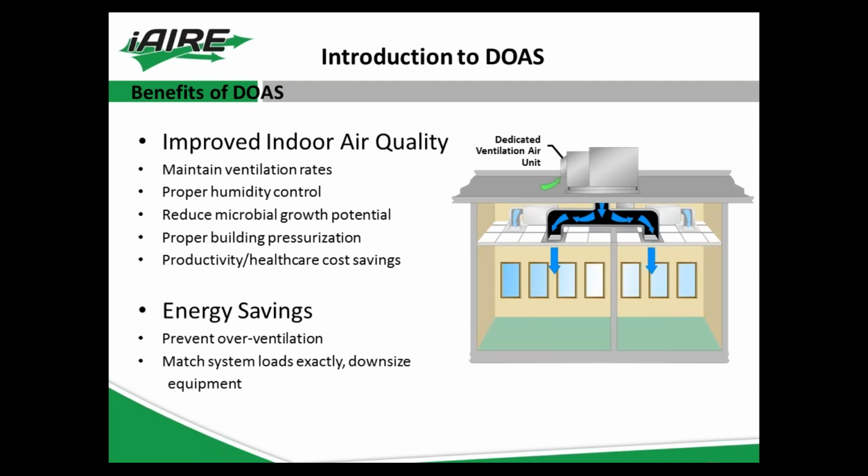Proper building pressurization too. And as we talked about earlier, if you can control all those items, it generally leads to higher productivity in an office setting or a school setting, which at a larger scale can even reduce healthcare costs for a company.